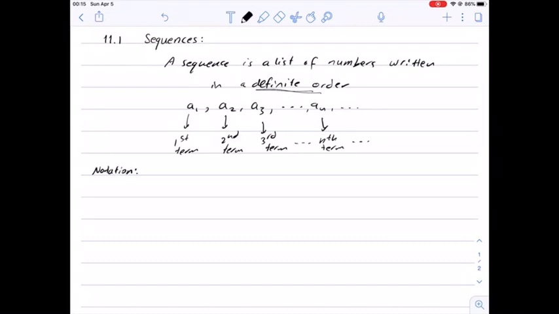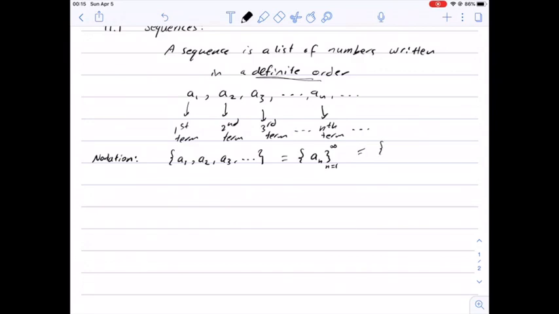Now for the notation that we use for sequences, we can list all elements or all terms of a sequence. We can write it by listing all elements, or we can write it in a more compact form as a sub n, where n starts at 1, for example, to infinity.